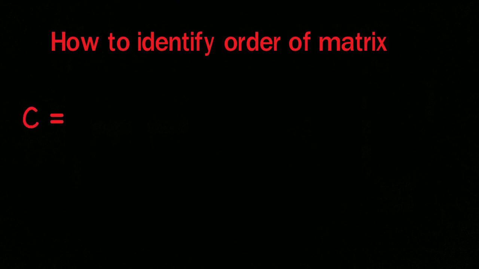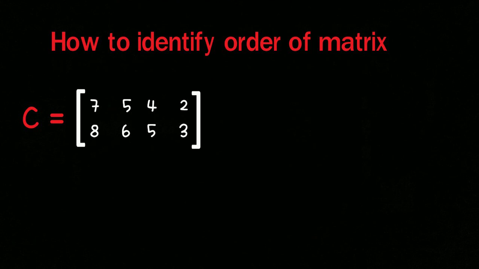Matrix C, let's say we have 7, 5, 8, 6, 4, 2, 5, 3. How many rows are there? 1, 2. How many columns are there? 1, 2, 3, 4. So this is a 2 by 4 matrix.